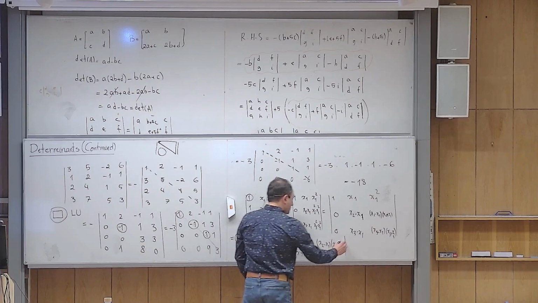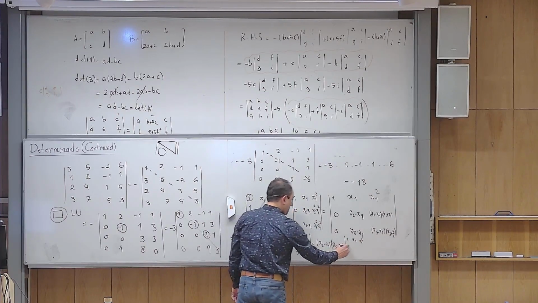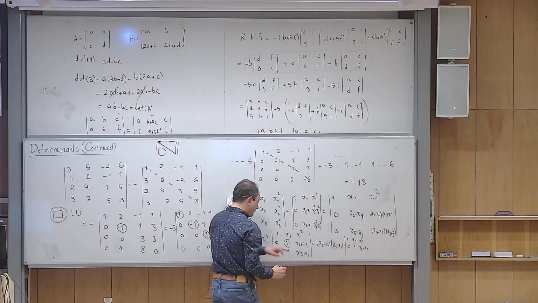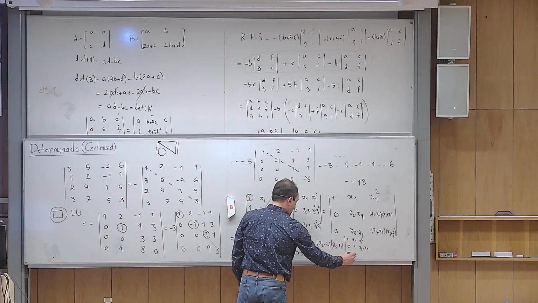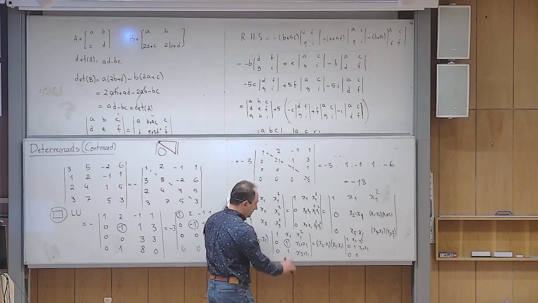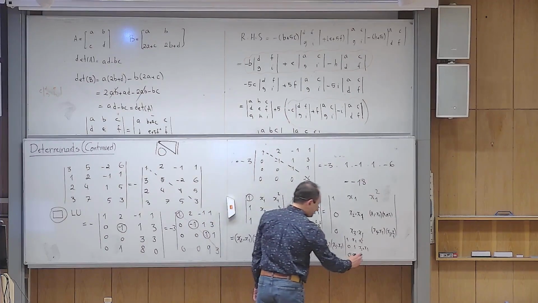And then I have 1, x1, x1 squared. And then I have 0, 1, x2 plus x1, and then if I do that, it becomes 0, and then this also becomes 0, but you have to calculate it in your head. Multiply this by a minus sign and add it here. The x1s will cancel out, you have x3 minus x2.